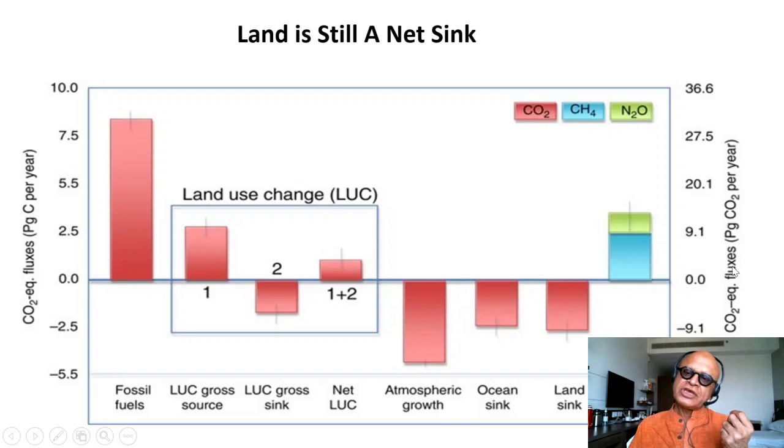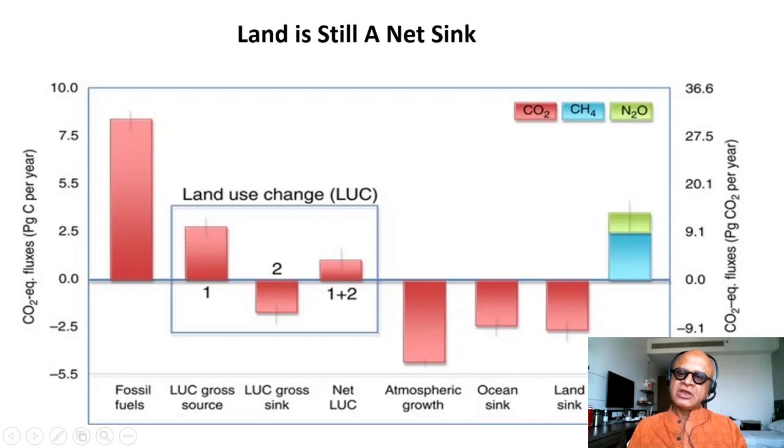So here you're looking at CO2 equivalent fluxes for methane, CO2, and N2O. You can see both of them shown here as well from multiple sources, and these are in petagram carbon and petagram CO2.